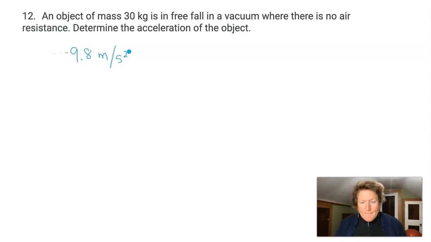When we neglect air resistance, when we take air out of the equation, every single thing, despite the mass, is 9.8 meters per second squared. So it doesn't matter what the mass is, the acceleration of any object where there's no air resistance is 9.8 meters per second squared. That's just what gravity is on Earth.